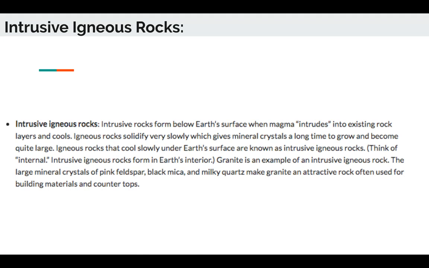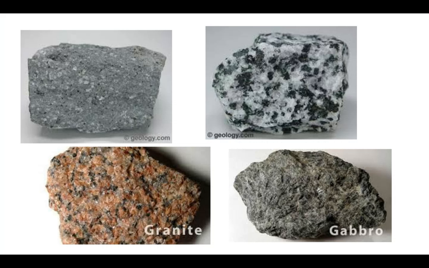So when we talk about igneous rock, the reason why we get all these really pretty rocks like granite and these pretty crystal looking, glass-like things is because they're formed within the earth, and because the inside of the earth is so hot, it takes a long time for them to cool. So when things take a long time to cool, that's when the crystals are able to form and grow.